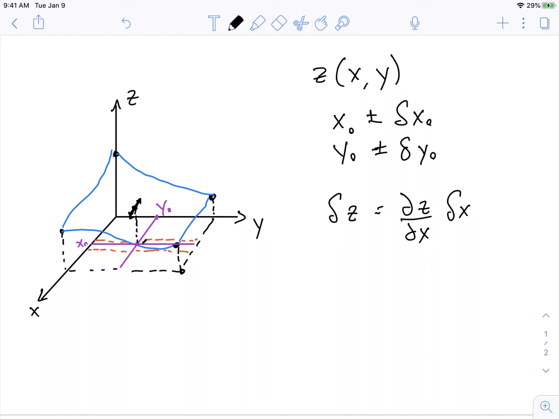Well, there's the same story for the y value. The y value also has an uncertainty associated with it, and that uncertainty will change the value of z like this. There's some slope associated with that. And so we have an uncertainty associated with the change in y times the uncertainty in y.